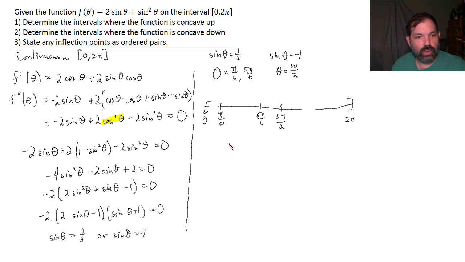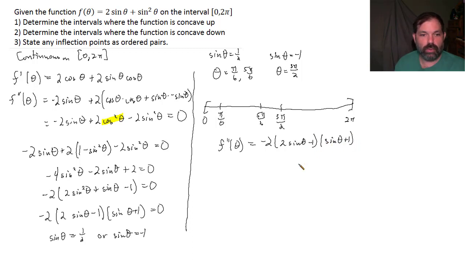All right, and I will use the form that f double prime theta is that nice factored form of negative 2 times 2 sine theta minus 1 times sine theta plus 1. Use that nice factored form to figure out the positives and negatives here on my sign chart.